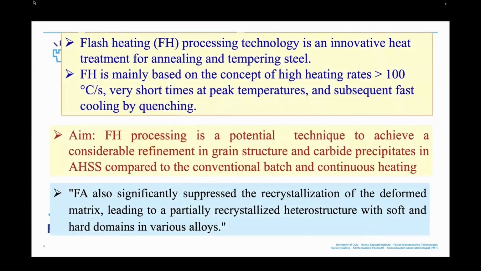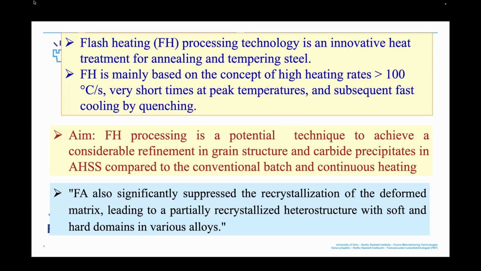Now, if you want to control the grain structure, you apply heavy cold rolling or hot or cold deformation, and then annealing. We have two types of annealing: the conventional annealing with a heating rate very much less than 20 Kelvin per second. But now we have a new technique called flash heating processing technology.